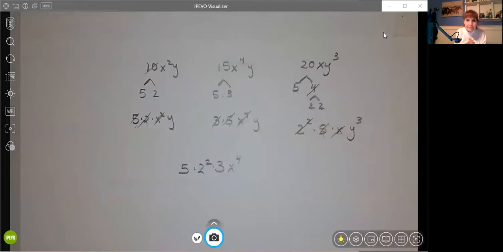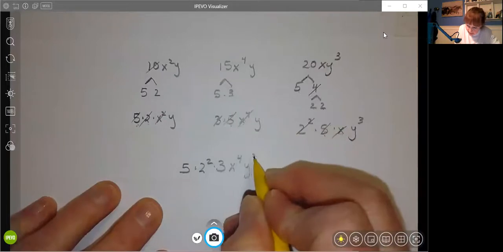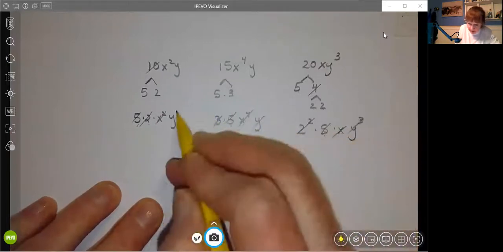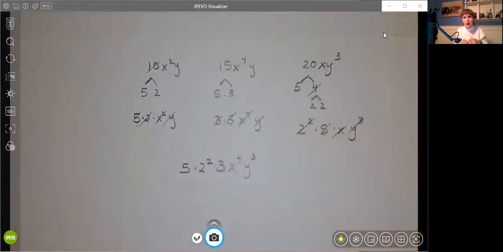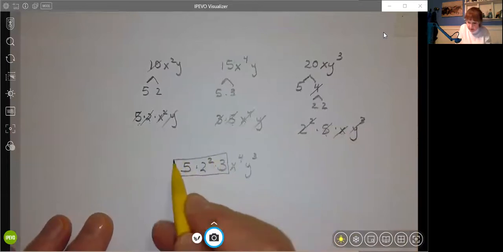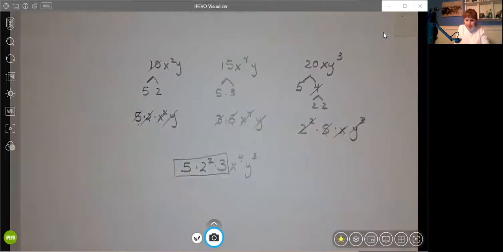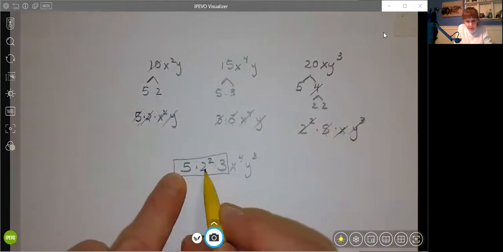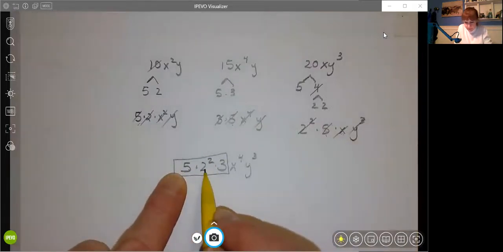I still have a y. I've got a y to the 1st, a y to the 1st, and a y cubed. We're going to use the y cubed because that's the highest one. Looks like we've taken care of everything. All you need to do now is multiply those together. 5 times 4 is 20, times 3 is 60.